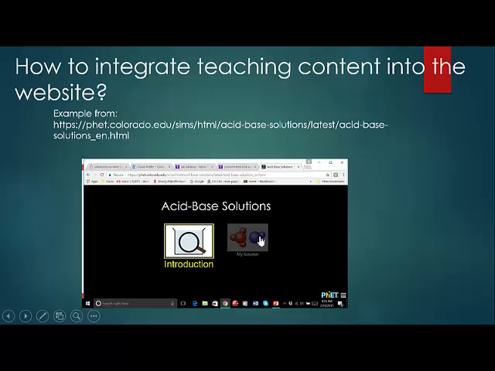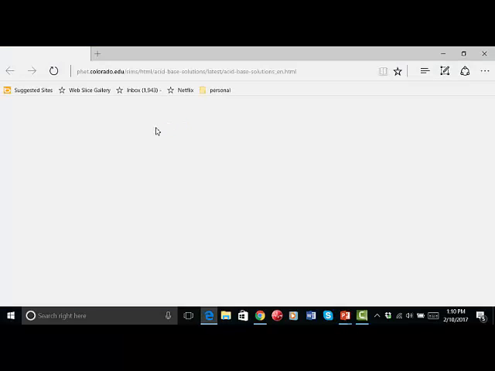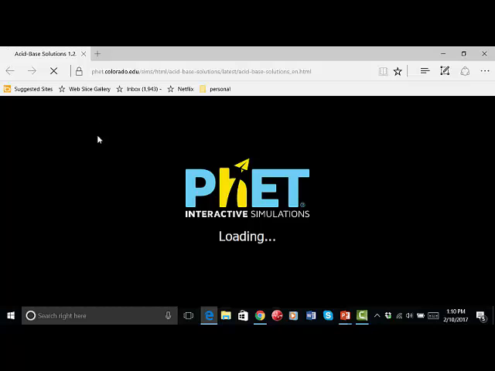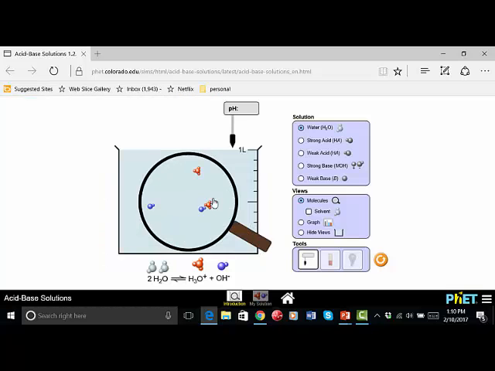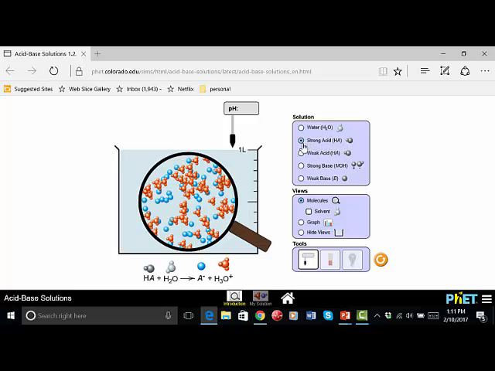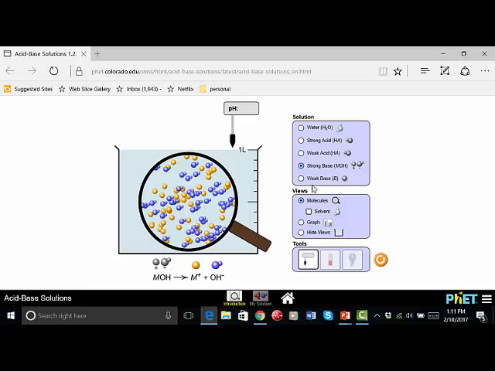Please be patient, as my slightly old and slightly well-worn computer finally opens this website. Okay, so there's the introduction, and here's my solution. Making the solution, of course, they then walk through something where they choose the nature of their solute or something like that.